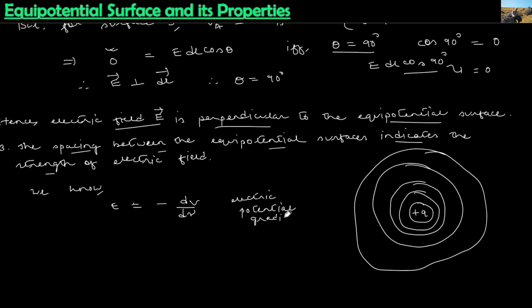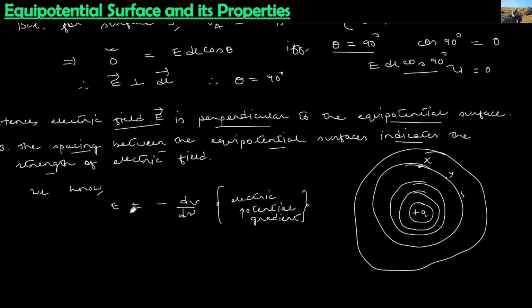Suppose I take this surface S, and I take this point as X and this point as Y on this surface S. Then the potential at X and the potential at Y should be the same.